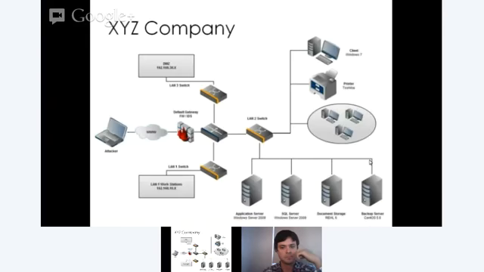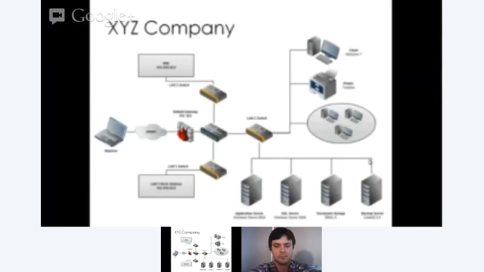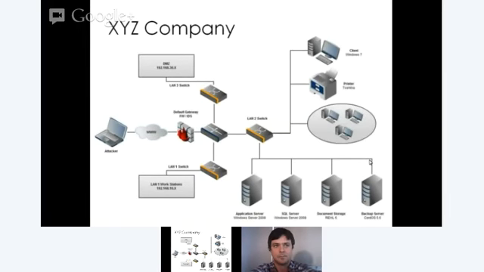Now let me be more specific. The XYZ company is a medium-sized company, and it has a network that looks pretty much like in the diagram that you see. The network is divided in 3 parts: LAN 1, LAN 2, and LAN 3.